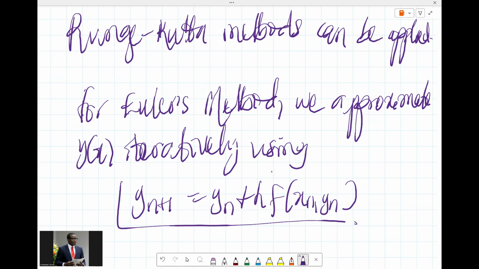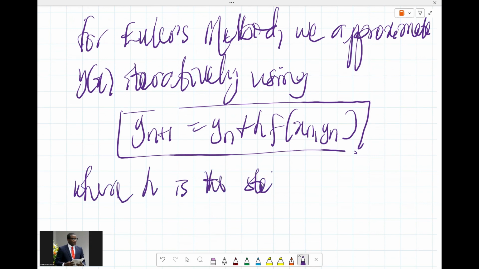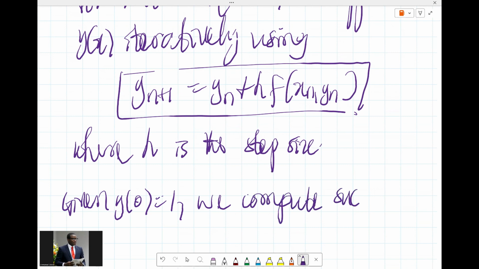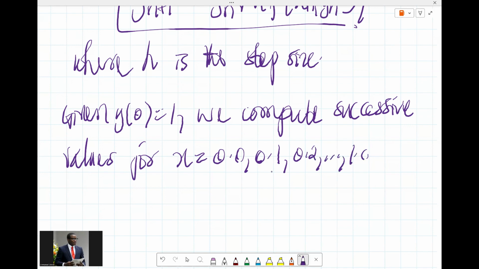Okay, so that's Euler's method, where h is the step size. I've been talking about step size a lot. Given the initial condition y(0) = 1, we compute successive values for x, which is 0.0, 0.1, 0.2, and you keep at that until you get to 1.0. So that's the Euler thing.